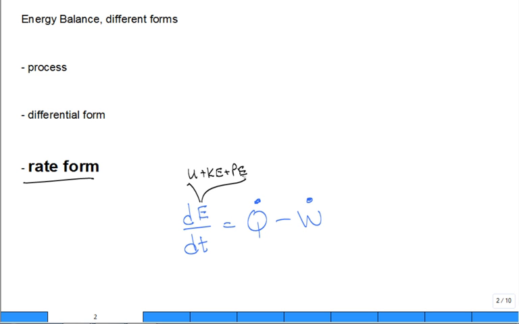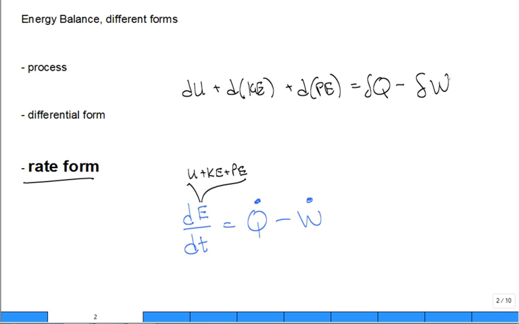And so how do we get this equation? Well, we would write maybe the differential or infinitesimally small change form of the energy balance equation, which would be a small change in internal energy plus a small change in the kinetic energy plus a small change in the potential energy is equal to the small amount of heat transferred in minus the small amount of work transfer out.